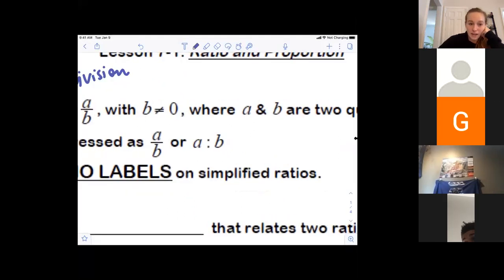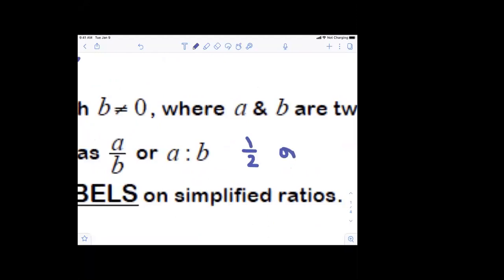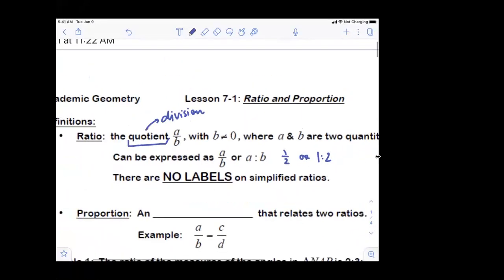So instead of A over B, what if I wrote it as 1 over 2? We're used to seeing that. But when you see it with a colon, or as a ratio written sideways, we would just say 1 to 2. If you'd rather write it as a fraction, you can do that. If you'd rather write it with the colon, you can write that. Either way, up to you. Both mean the same thing.